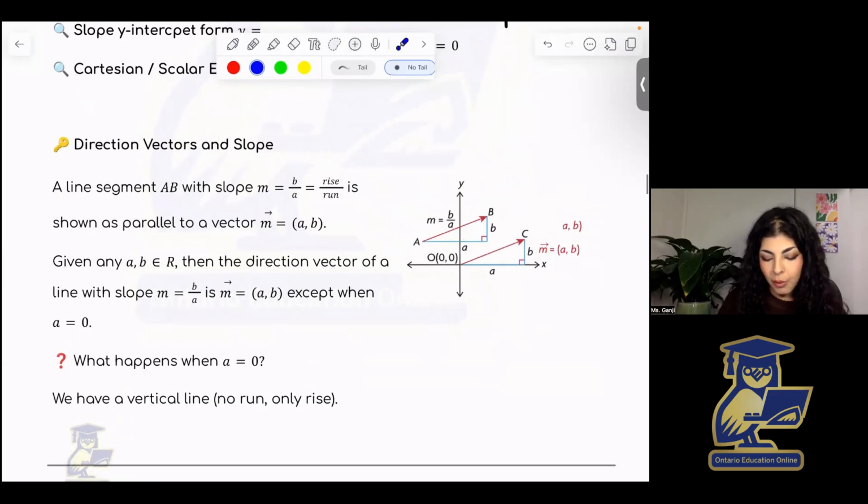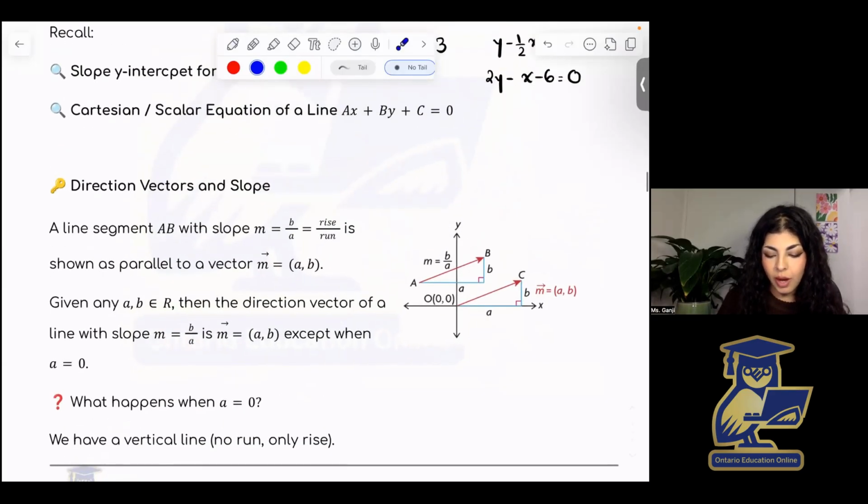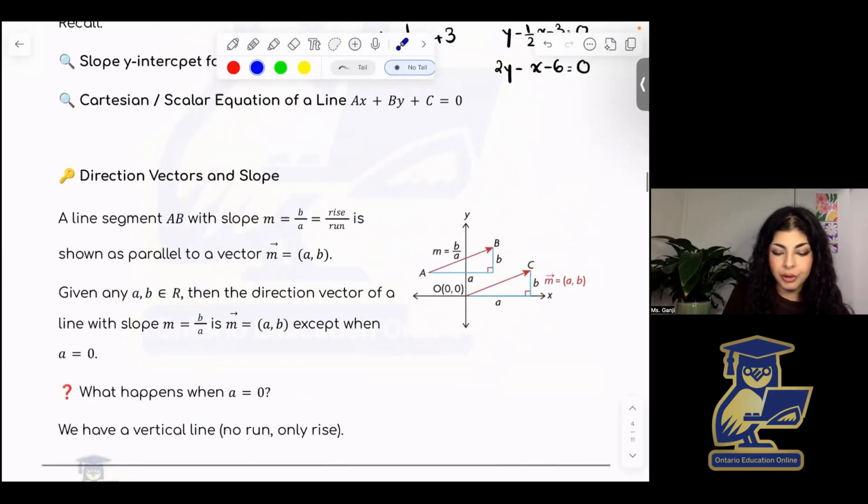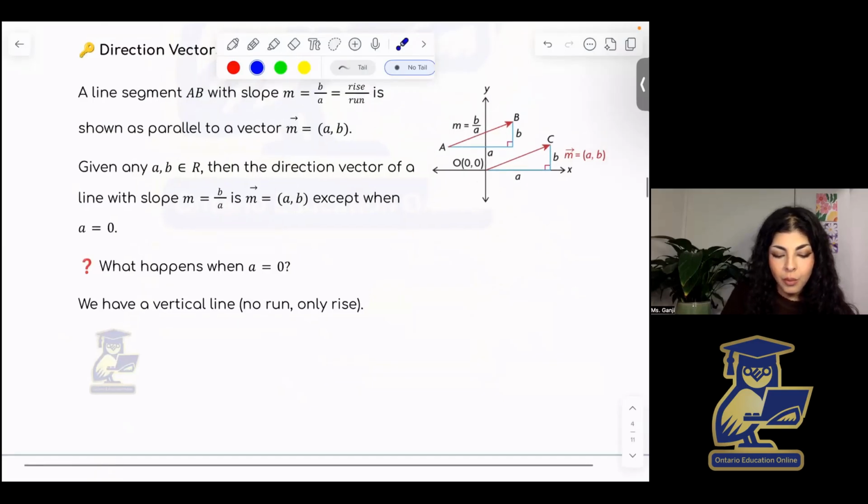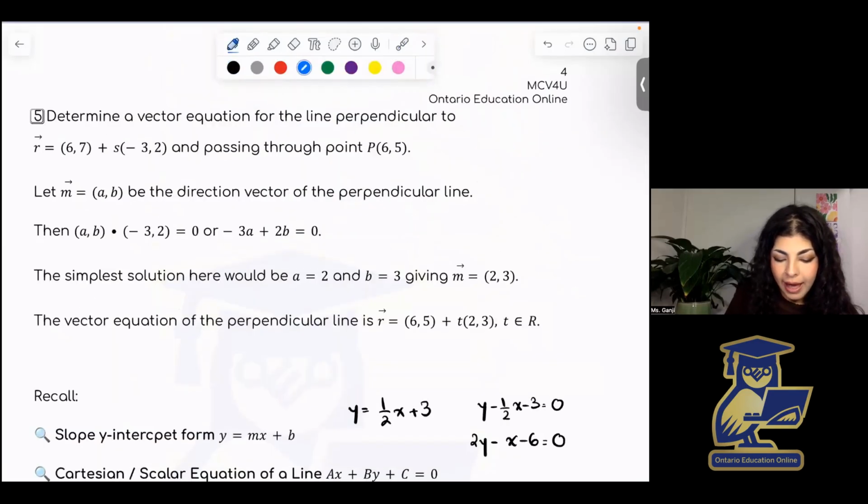And I do want to take a moment here to go back to this one and make this connection for you. Here, with this first line where we have m equal to (negative 3, 2), we can say the slope of this is 2 over negative 3.